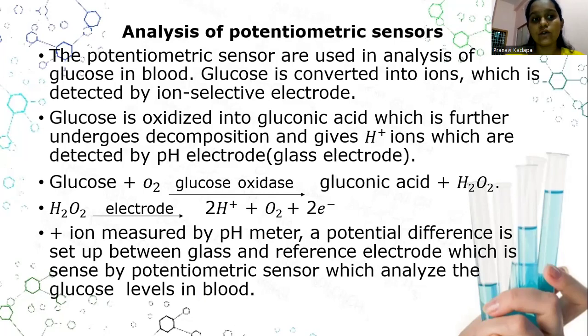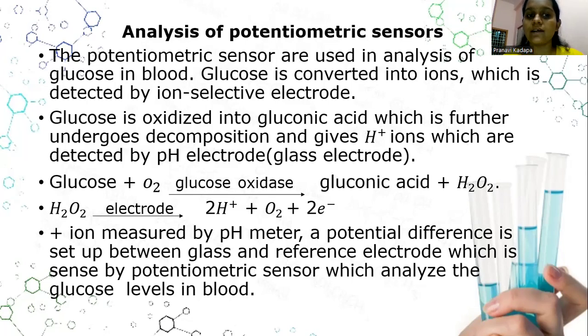As we see here, the equation is glucose plus O2, in the presence of glucose oxidase, gives gluconic acid plus H2O2. H2O2 is nothing but peroxide. When near the electrode, this H2O2 splits into 2H plus, O2, and 2 electrons.